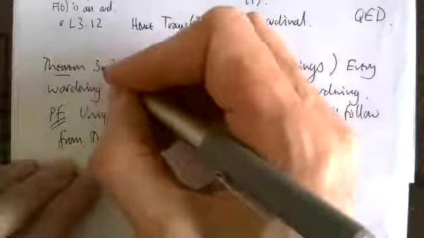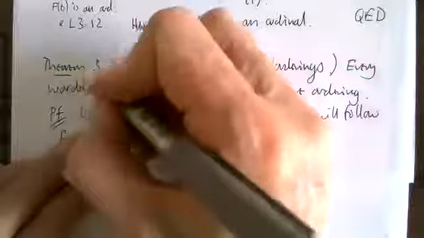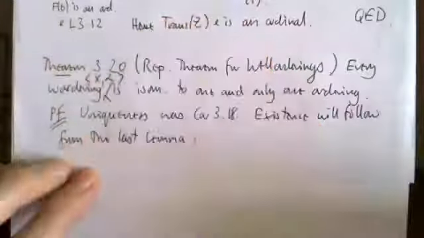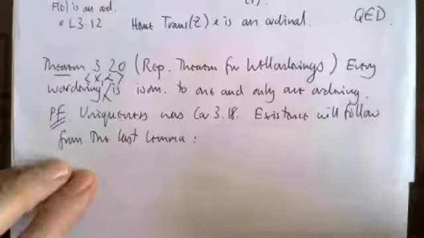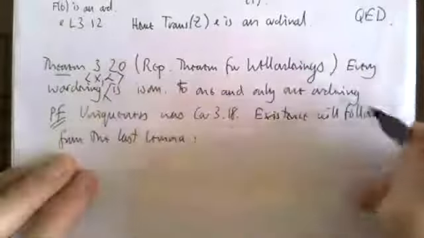So I should have said, every well ordering X with less than, I was sticking to the notes, every well ordering X with less than is isomorphic to one and only one ordinal.